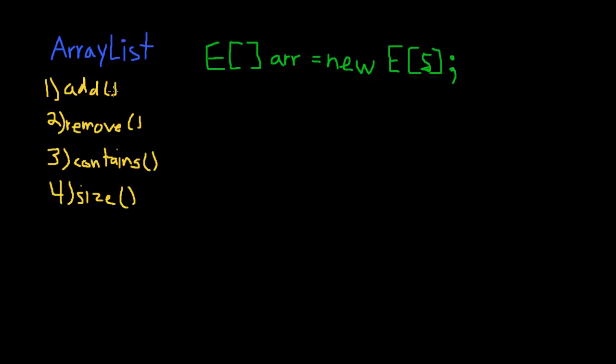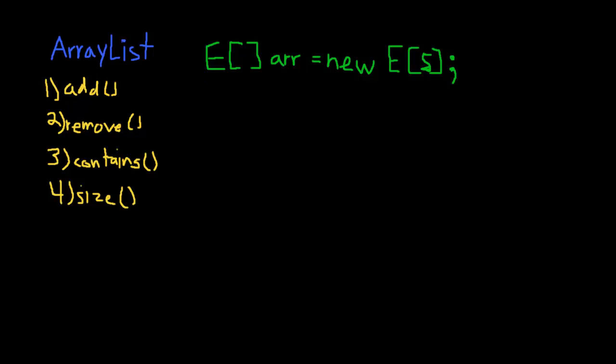I'll go over all these. So add, basically I want to add some element to my data structure, so to my array list. Remove, I want to remove some element from my data structure. Contains, I want to see, does this thing that I'm specifying as a parameter exist? And size, I want to see how many elements I've added to my data structure.